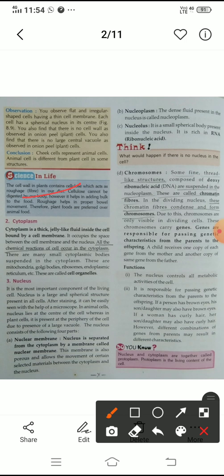The nucleus is a large and spherical structure present in all cells, because all the genetic material is present in it. In animal cells, the nucleus is present in the center of the cell, whereas in plant cells, it is present near the plasma membrane due to large vacuoles.